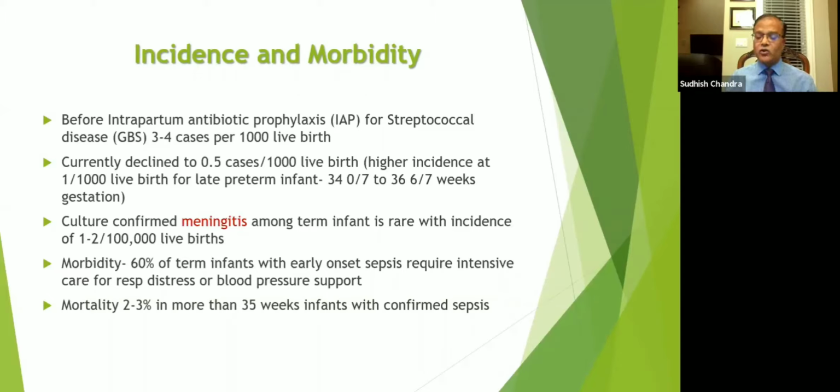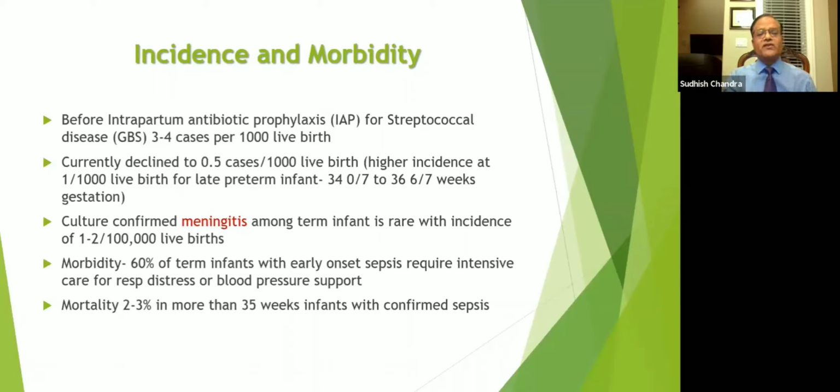When I was doing my residency, even back home and here, the LP was very common. Almost any baby who walked through the door of those special care nurseries was getting a lumbar puncture. However, those lumbar punctures have dropped significantly. We do not do nearly as many lumbar punctures as we used to.